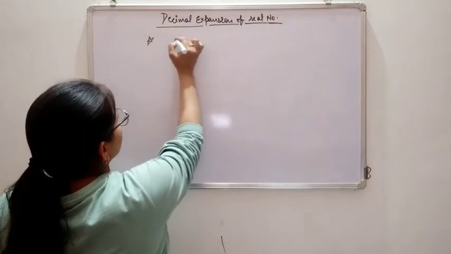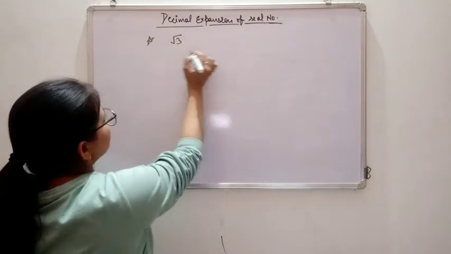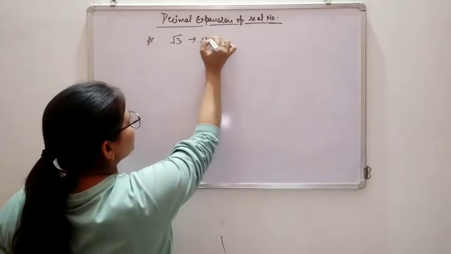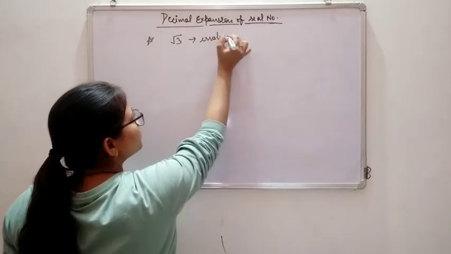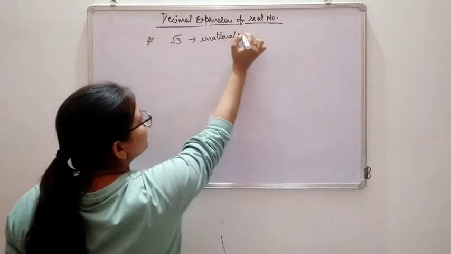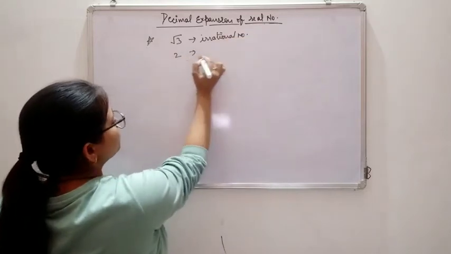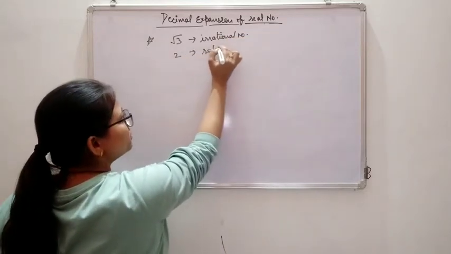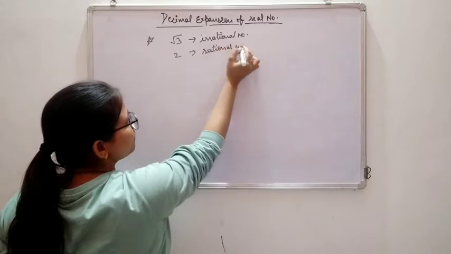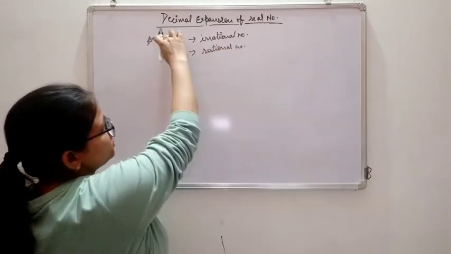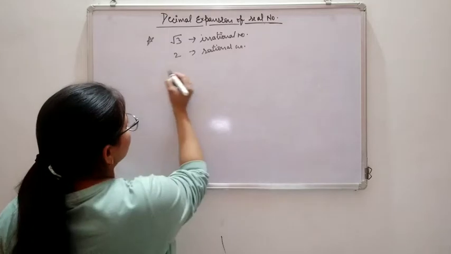Example: let's take root 3, an irrational number, right? And 2 is a rational number, right? Let's add these two numbers and multiply these two.